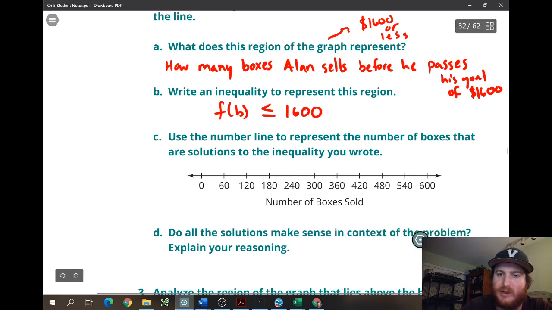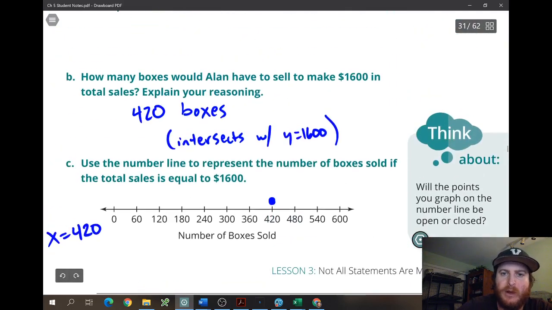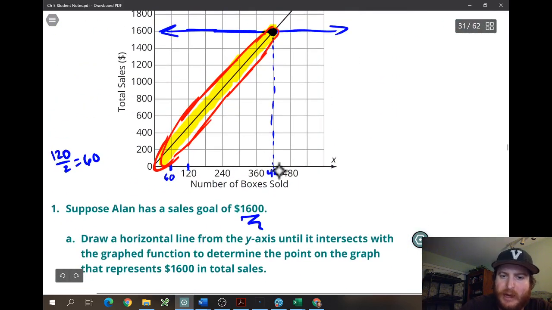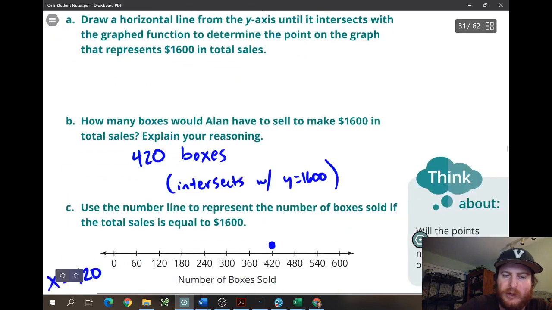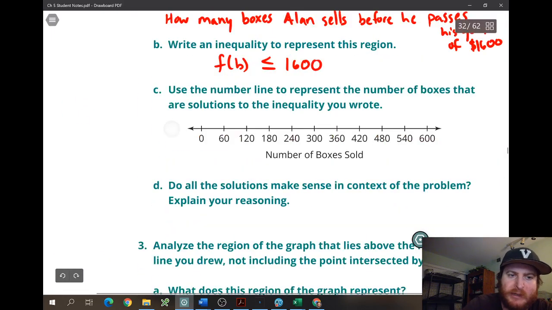Then it asks us to use this number line to represent the number of boxes that are solutions to that inequality. The solutions would be the x values, what values would work for that. So remember, x equals 420 would work, and any x smaller than 420 would work, right? So that would represent x is less than or equal to 420. That would be our inequality for the solutions.